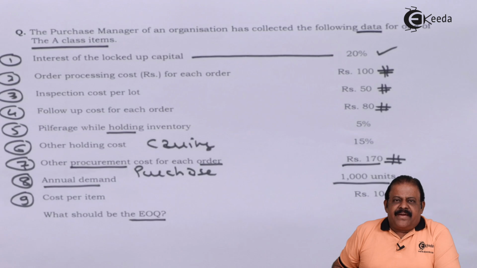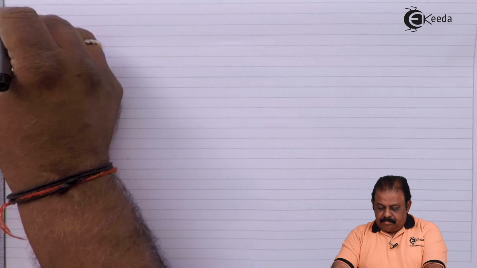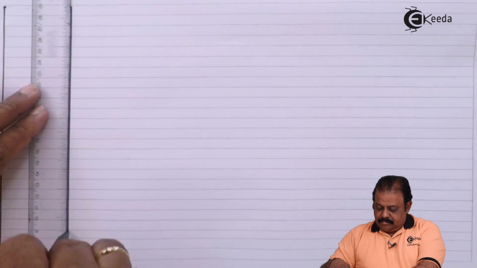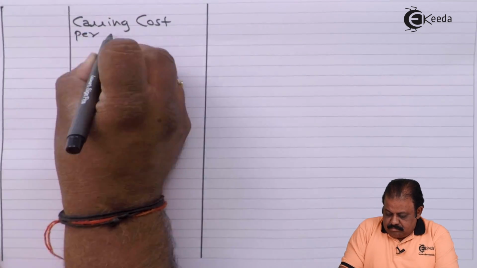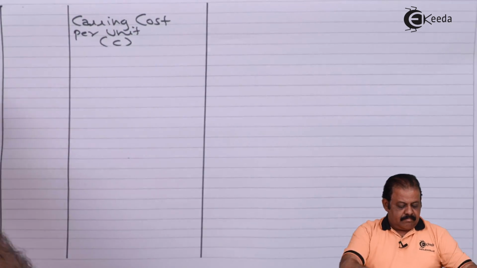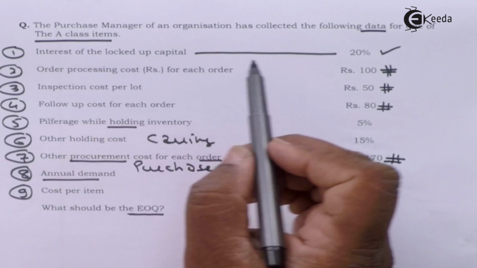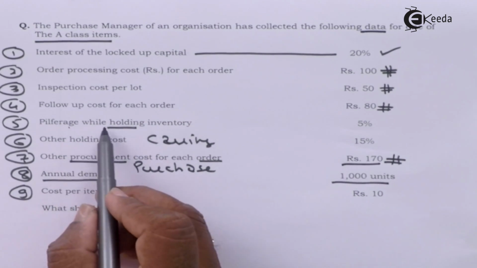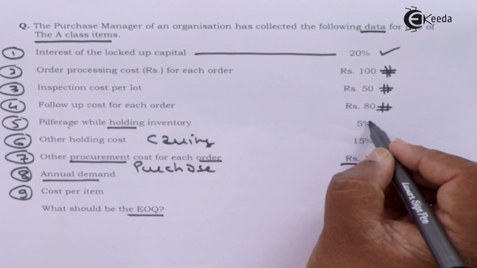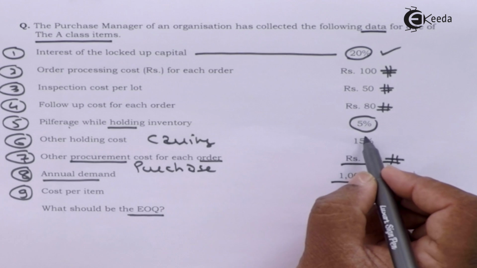Next we are required to find out carrying cost. Interest of locked up capital 20%. Pilferage while holding inventory 5%. Other holding cost 15%.